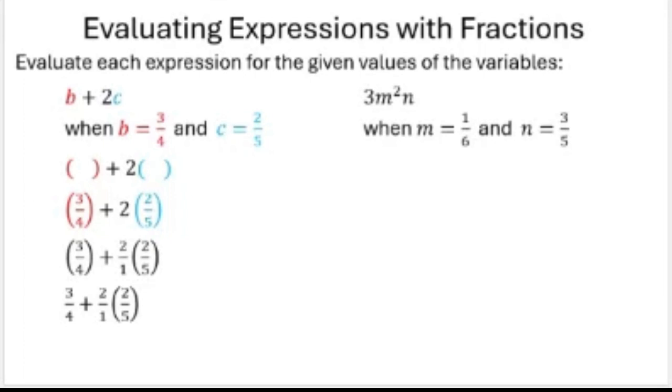I'm not sure. I'll fix that later. So remember the 2 has to become a 2/1, because I can't do fraction work with it as a 2. Now I have multiplication here. I'm going to do this multiplication before I do the addition. Oh, I see what I did. I just meant to have an extra slide.